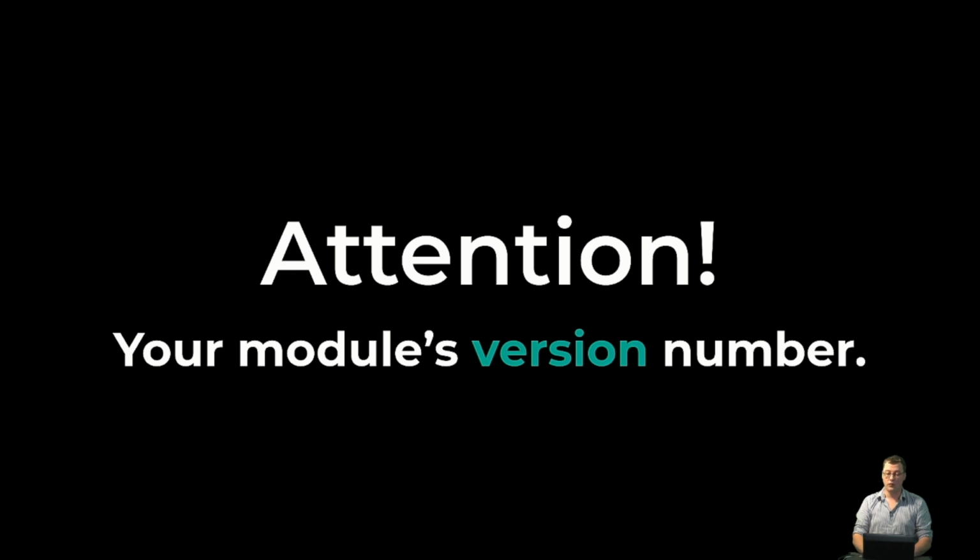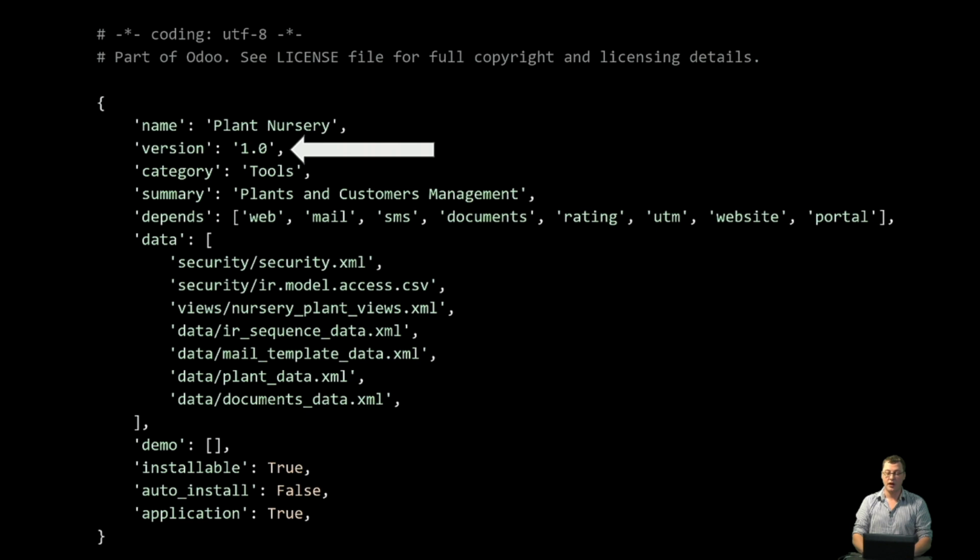First of all, pay attention to your module's version number. It's in the manifest. As you can see, it's that little number right there next to the arrow. Increasing the version number is what is going to let Odoo SH know that it should update the data of your module.